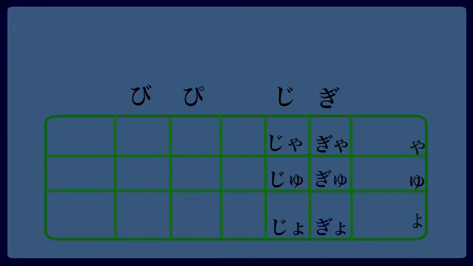These sounds are commonly seen in Japanese words, particularly the ju and the jo. If we use the pi with a little ya, we'd end up with pya. Unusual, not seen very often, but that's what happens. Pi with a little yu would become pyu. And pi with a little yo would become pyo.